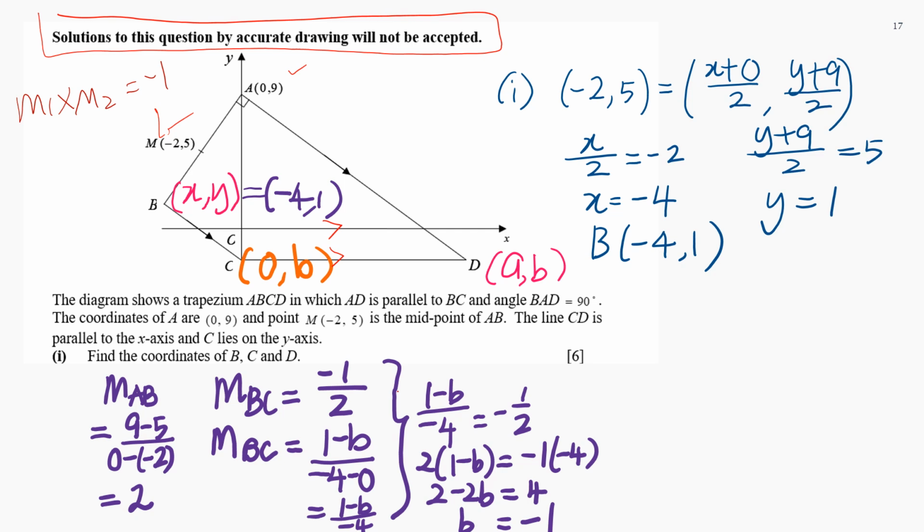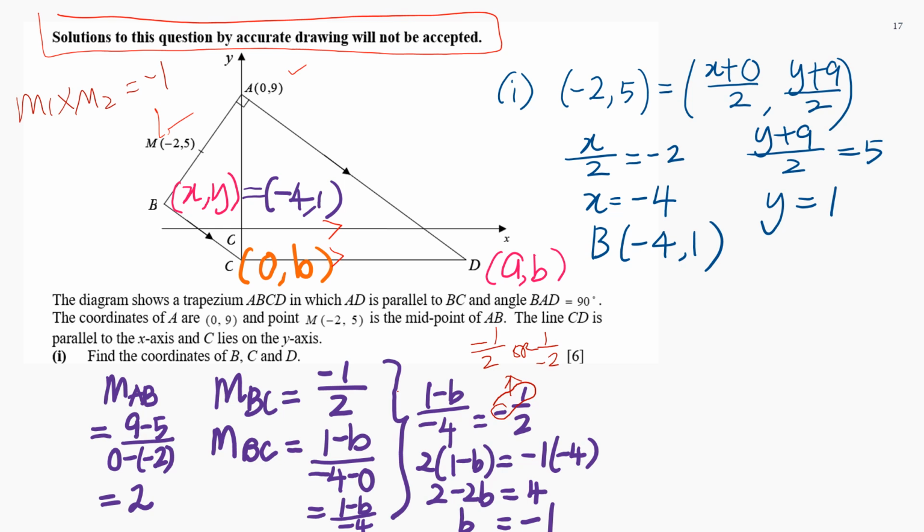Right, so here you just take note. Negative half means negative 1 over 2 or 1 over negative 2. The negative can only belong to the numerator or the denominator, but not both. So here what I've done is I tag the negative with my numerator.